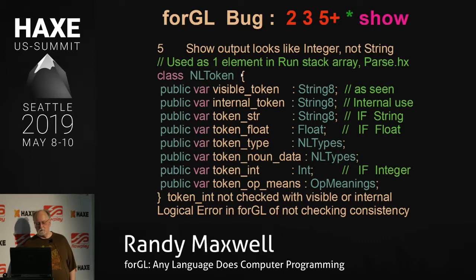So here's a structure that I use that actually represents every element on the run stack of the interpreter. Because it's a stack-based interpreter, every visible token, even something simple like a curly bracket that an abstract syntax tree normally tosses out. I don't use trees in the interpreter. I use a concrete syntax array.